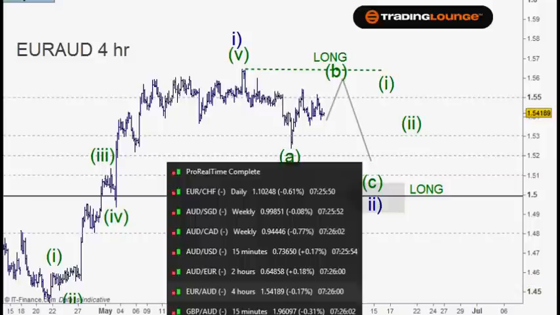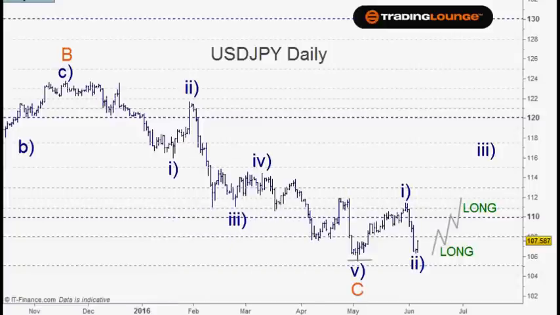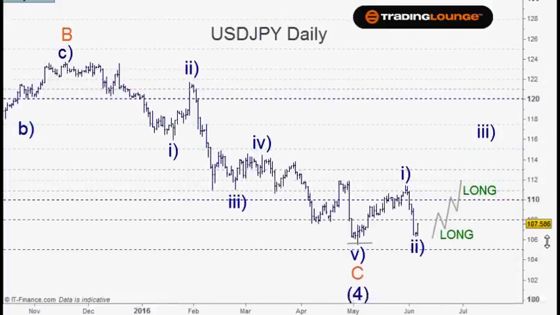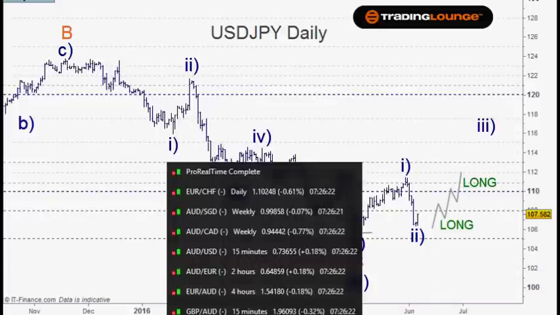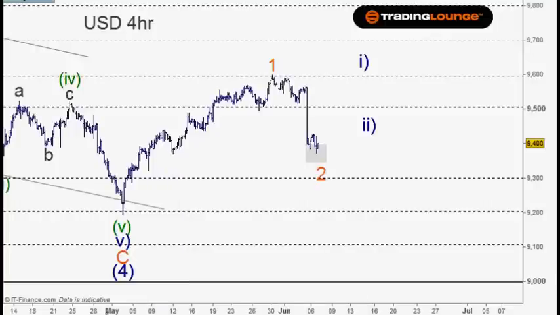Okay, now I just want to have a look at the US yen as well, because we were looking at this as well. So going long now from this low here, this is the same as the US dollar index. So while we're here, I'll look at the dollar index.